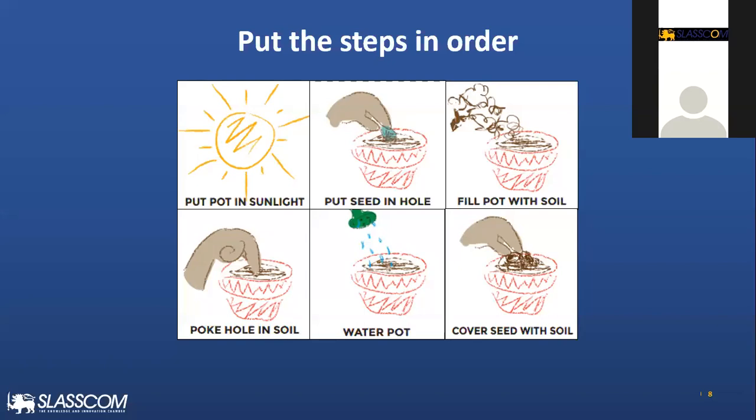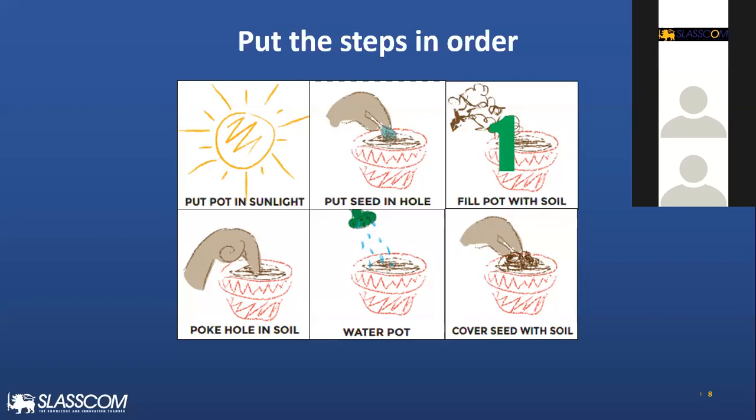Right. Who wants to go first? Can somebody tell me what will be the first step? Fill pot with soil. Okay, somebody said fill pot with soil. Yeah, that's the first one. And what about the other steps that you can see here?